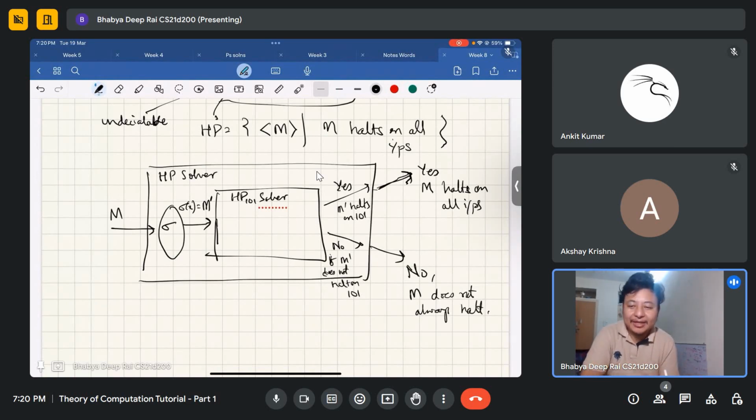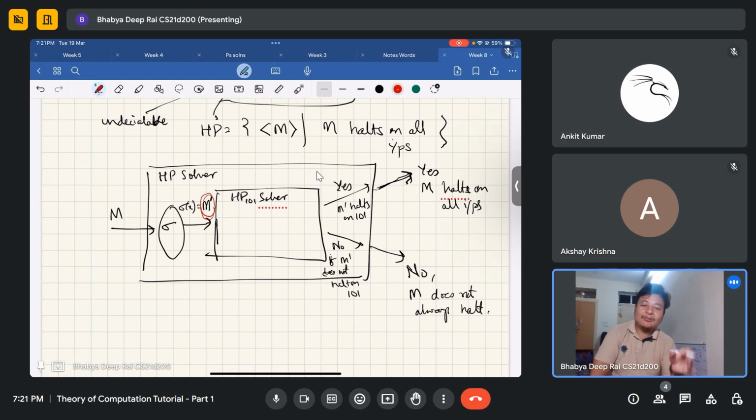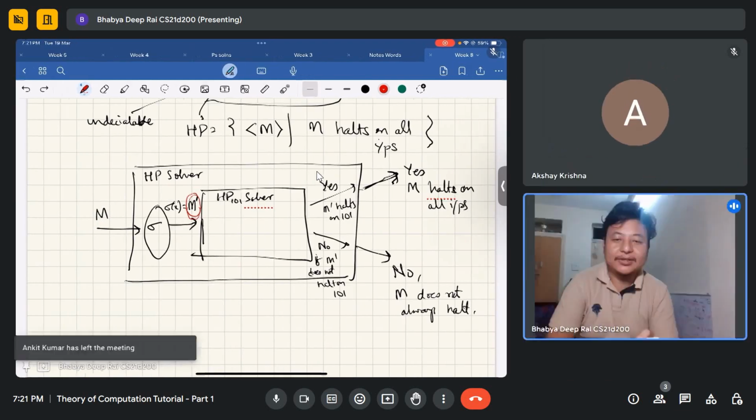This is what I want to make. The question is, how do I find such an M prime, such that when I give M prime to the HP101 solver, that is, when I check whether M prime halts on 101, I can blindly say that the original machine M will always halt on all inputs? That is the question.